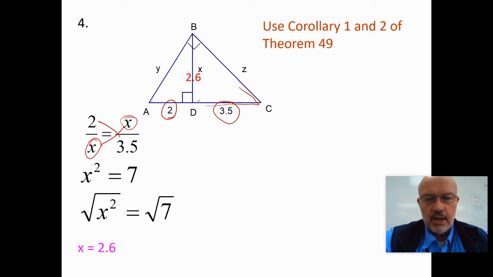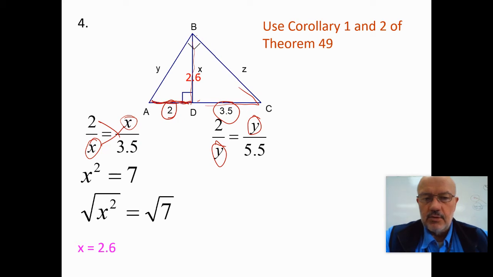And there's any number of ways you can find y. Some of you will notice that here's 2.6, here's 2. This small right triangle, I could use Pythagorean theorem. Since this is meant to demonstrate these two corollaries of theorem 49, I'm not using that. I'm using corollary 2, which is that the leg of the right triangle is the geometric mean between the hypotenuse and its projection on the hypotenuse.